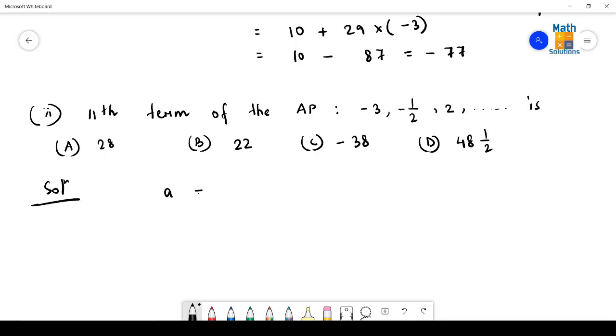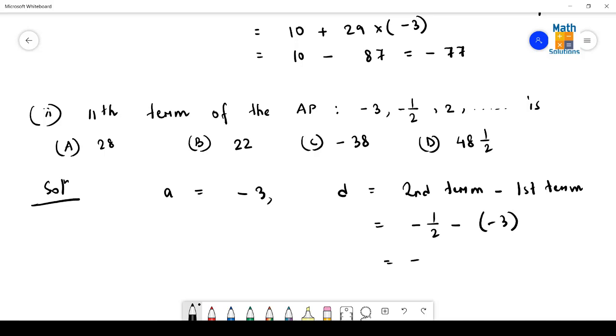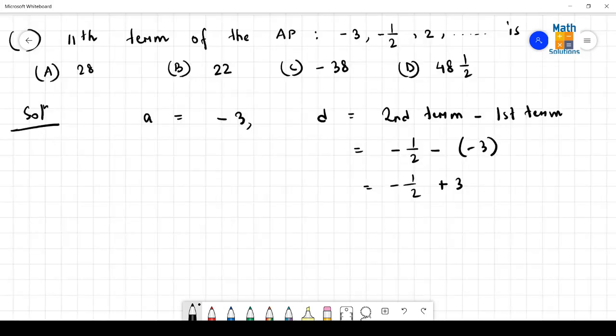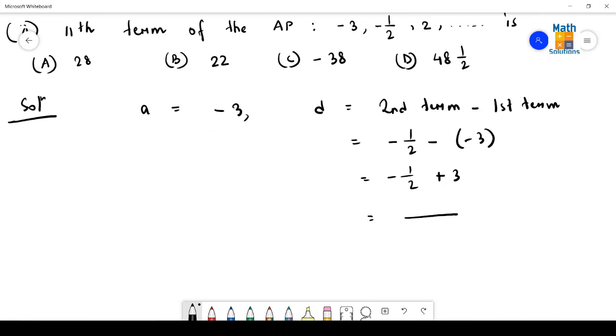Here I get the first term A as minus 3, then common difference D is equal to second term minus first term. So here in this case what result do we get? Minus half minus minus 3. So it is minus half plus 3. The result will come as, take LCM here, LCM is 2, then minus 1 plus 6. The result is 5 by 2.